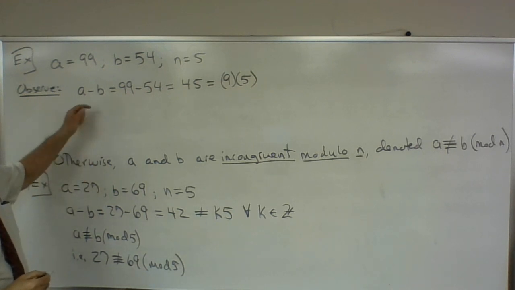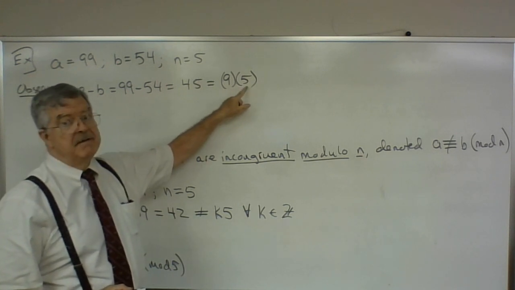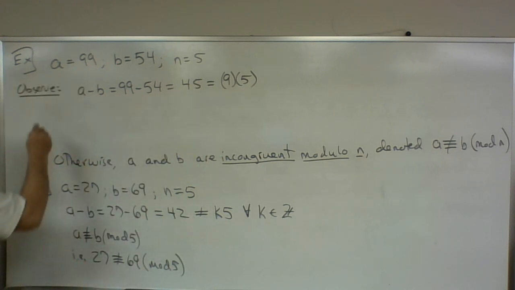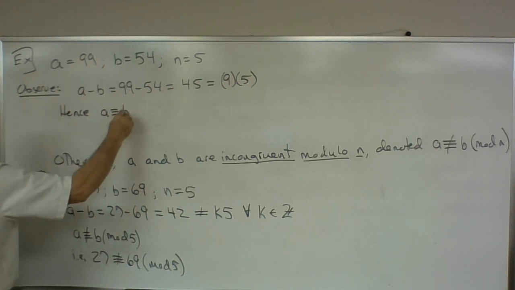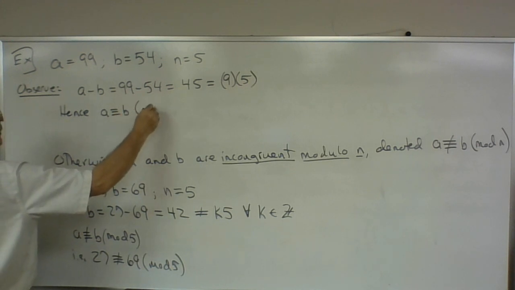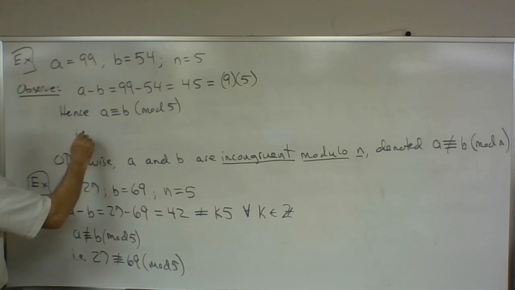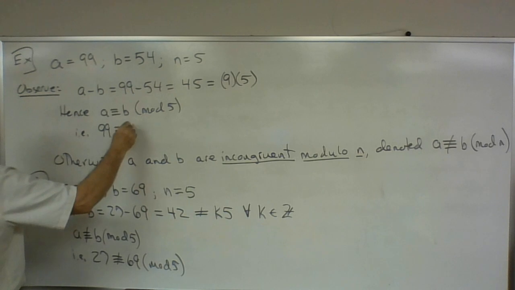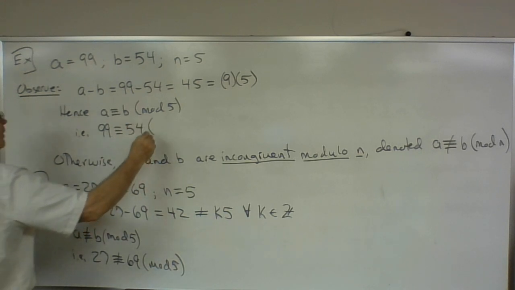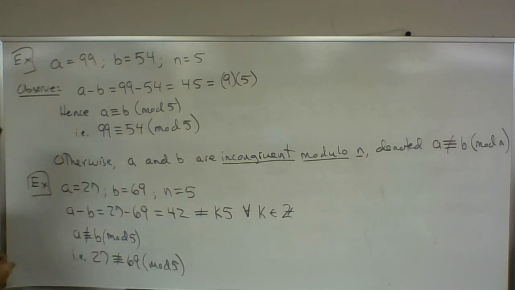So in this case, the difference of A and B is a whole number multiple of 5. And so A and B are congruent modulo 5. And in terms of the actual numbers, 99 is congruent to 54 modulo 5.